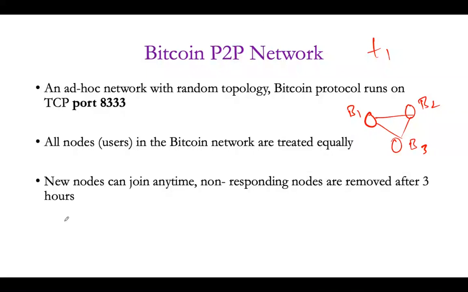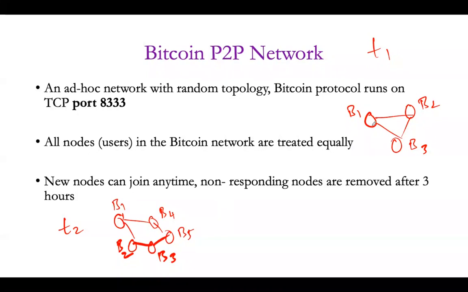At time 2, another 2 nodes also join this network. Let us assume B1, B2, B3, B4, and B5. They are also joined in this network, and they also make peer-to-peer connections.